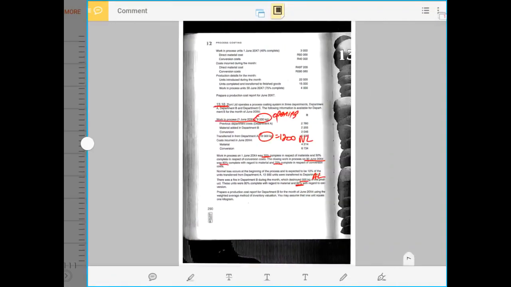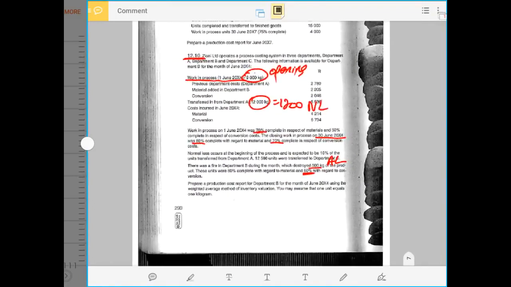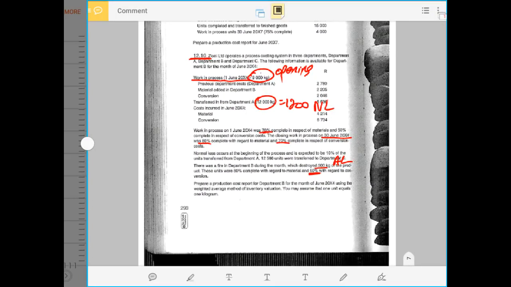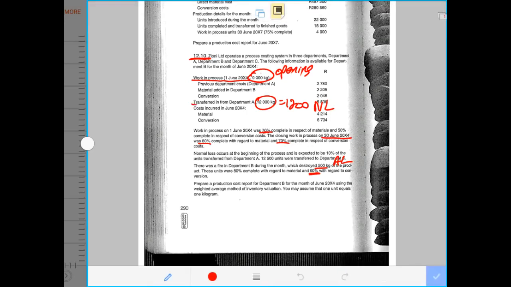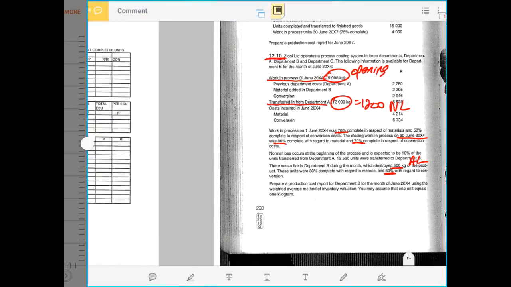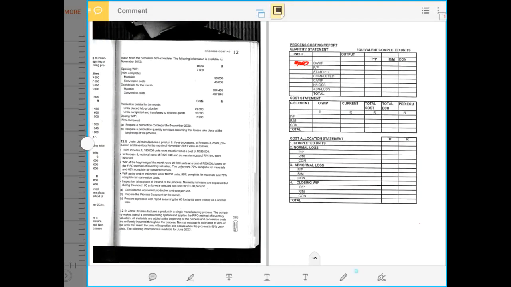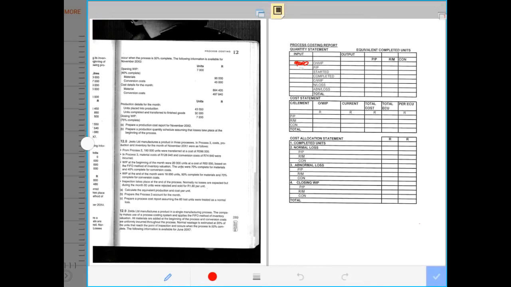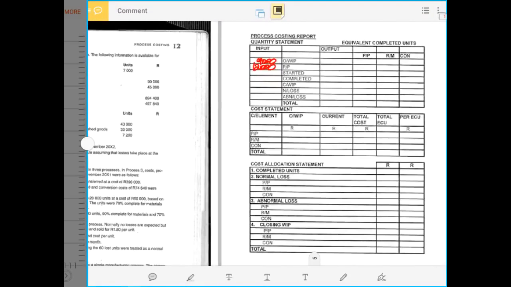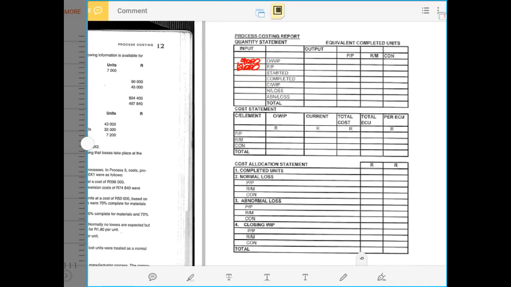And there were also other units that were transferred from other departments. Those units were transferred in from Department A. That means it will be recorded under previous process. Therefore, under previous process, we have to record 12,000 units.